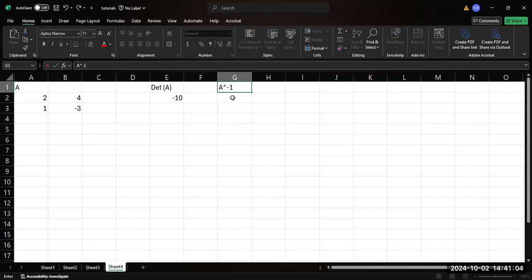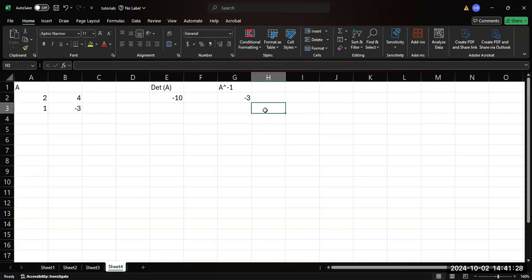inverse. Now recall the formula for the A inverse is going to be, we're going to switch the positions of A and D. So that means this entry right here is going to be this one. And this entry right here is going to be this one.